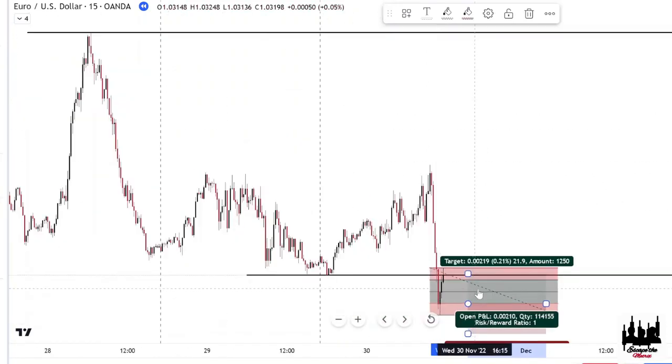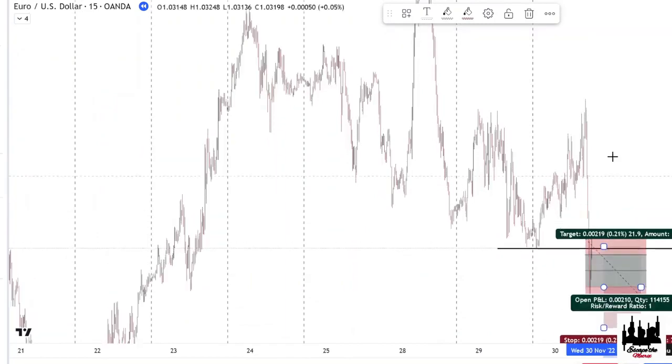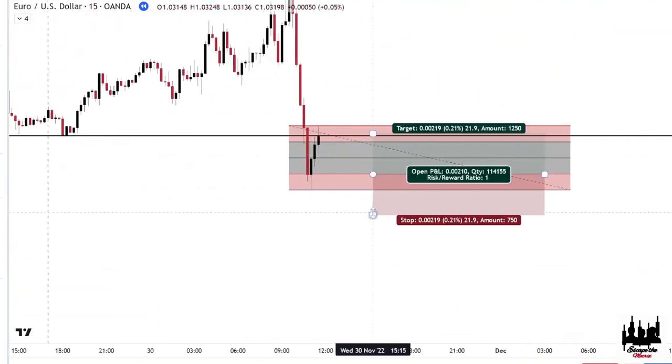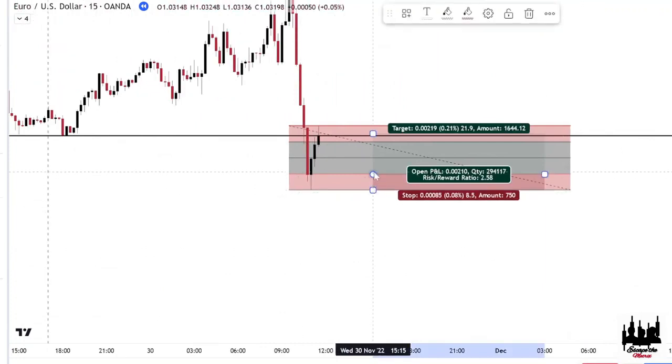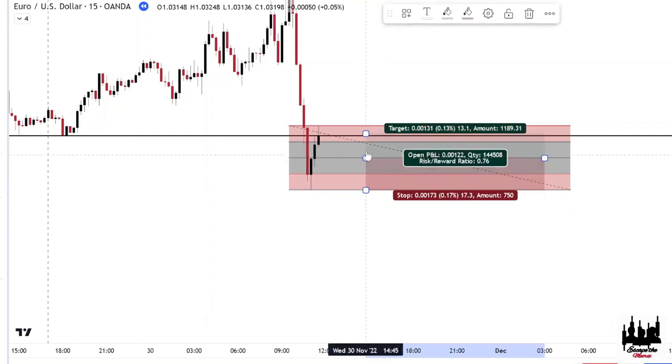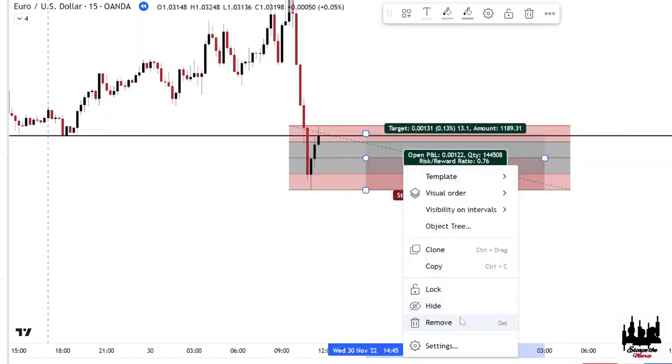Preferably, you would want price to get back to the discount level and get a purchase at discount. But a lot of times it doesn't dig that deep, and if it does dig that deep, it more than likely will fail your entry. So you'd want price to get into the 50% to take a bounce trade from right here and still maintain the same targets.